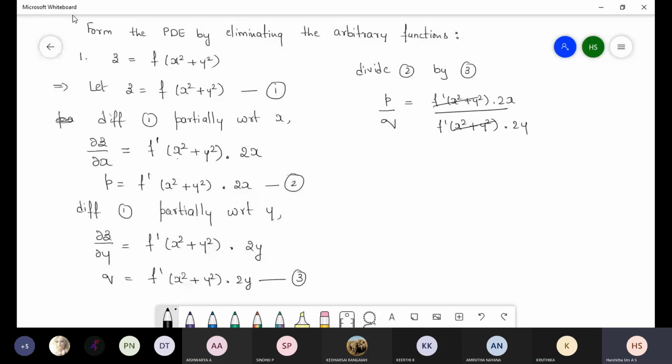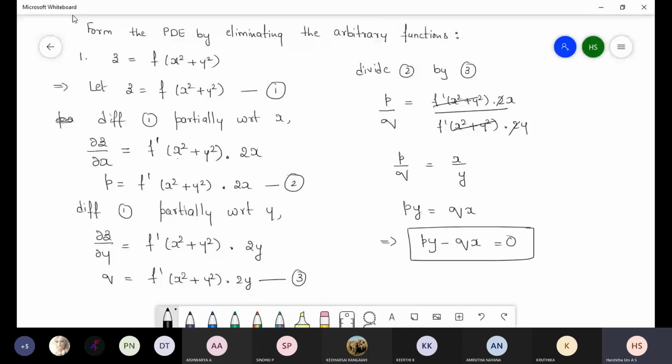So f dash of x square plus y square gets cancelled. 2 will also get cancelled. Remaining will be p by q is equal to x by y. Cross multiply: py is equal to qx, or py minus qx is equal to 0. This is the required partial differential equation.